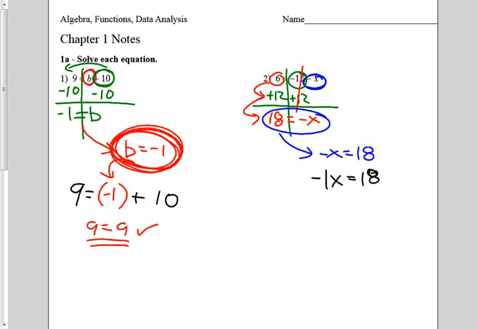And now, to get rid of that negative, we can divide both sides by negative 1. And in essence, all you're doing is moving that minus sign, but now we've got a positive answer. When we come back up here, negative 12 minus negative 18 is in fact positive 6.